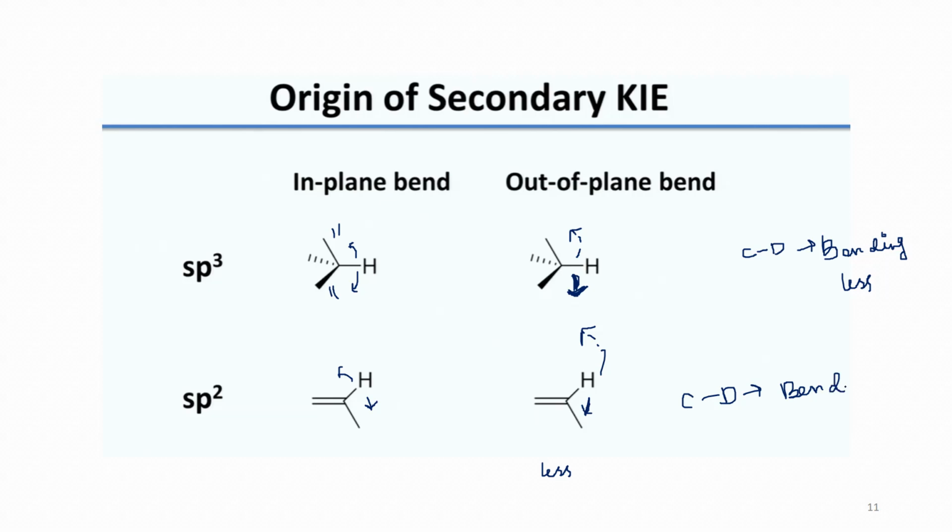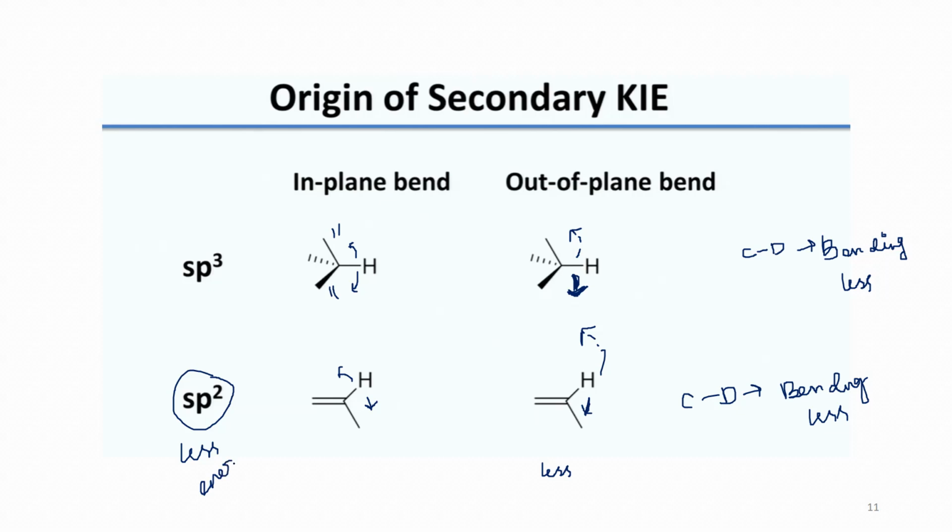So whenever any reaction goes from an sp3, but now in comparison of sp3 and sp2, which has less bending? The sp2 has less bending, because in case of sp2 there is no out of plane bending. So in case of sp2 there is less energy.